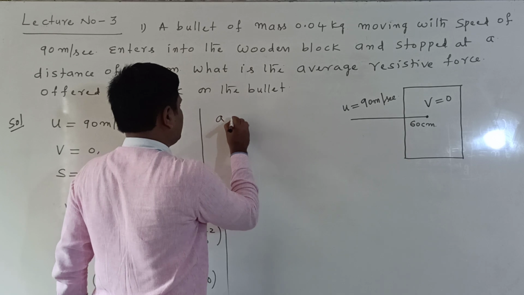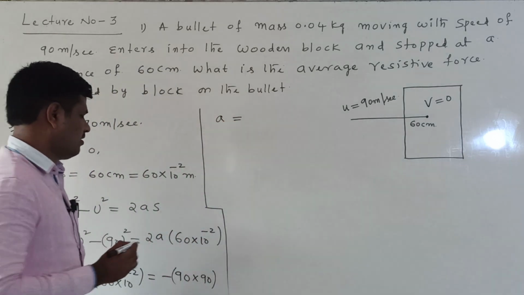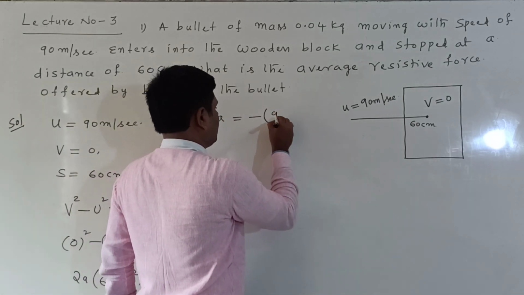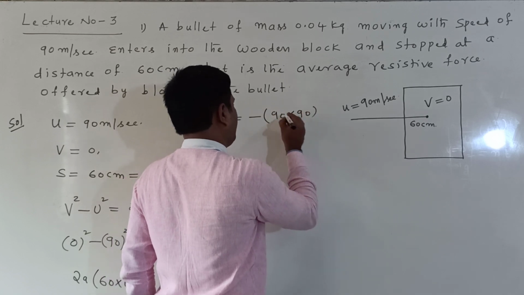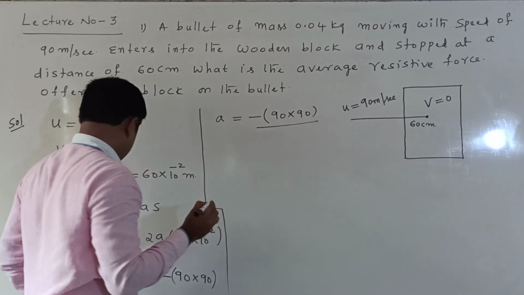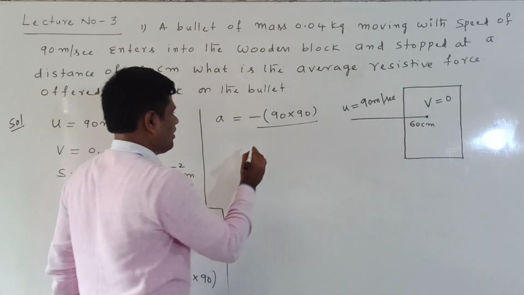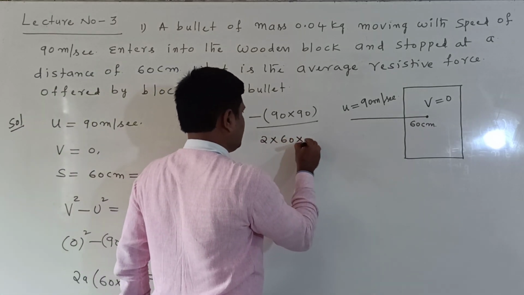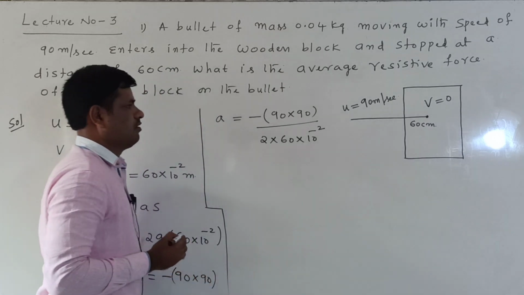Now a is equal to minus 90 into 90 by 2 into 60 into 10 power of minus 2.